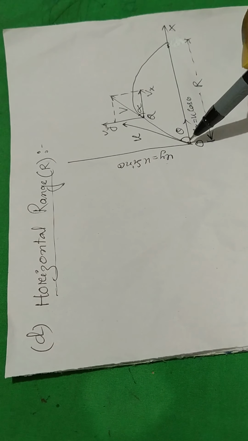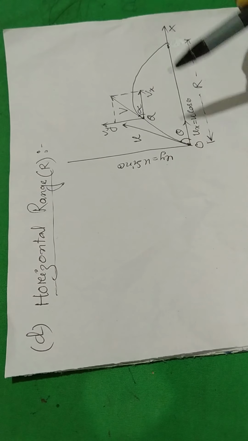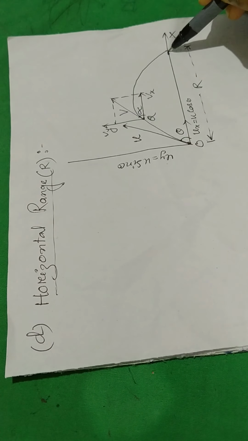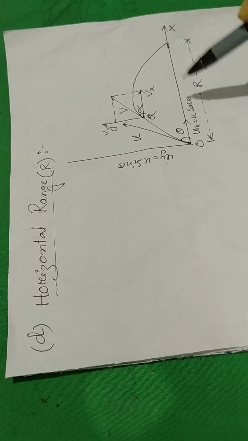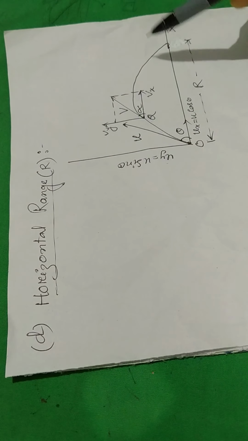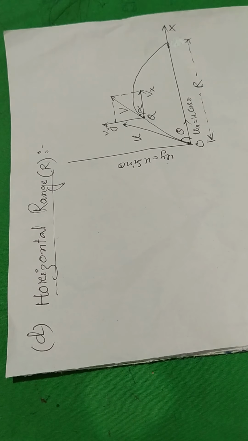So it is the horizontal distance from the point of projection O to the point on the ground where the projectile returns to the ground again. It is denoted by R. You see the diagram. R represents the horizontal range of a projectile.